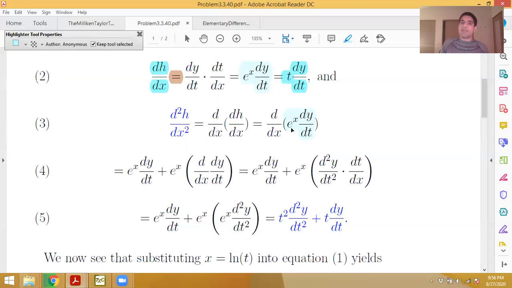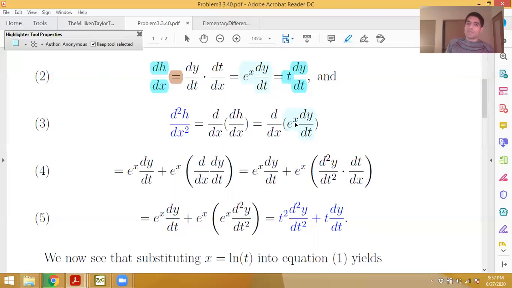I am multiplying a function of x, e to the x, with another function of x, dy dt. Or if you want, another function that depends on x, that is influenced by x. So I do my product rule.